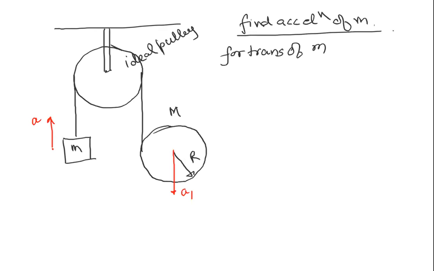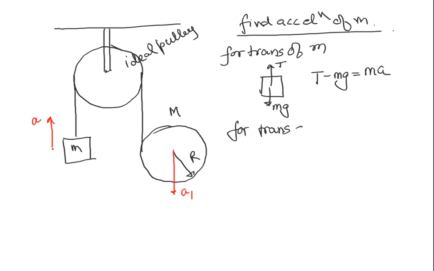For translation of M, we have T, we have mg. For translation of m, we have mg minus T is equal to ma.